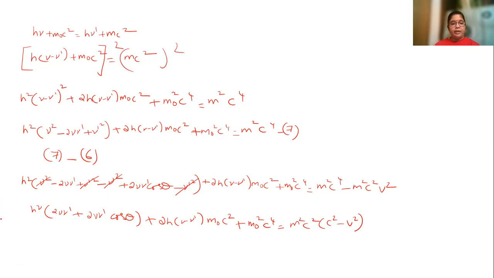You have this negative sign here, so 2 nu dash is common for both. I am taking minus 2 nu dash outside. So I have minus 2 nu dash h square 1 minus cos theta. Why? I have taken the negative sign outside, so this becomes plus, this becomes minus. The other terms remain as they are: nu minus nu dash m naught c square plus m naught square c power 4 is equal to m square c square minus v square. Let me call this equation 8.